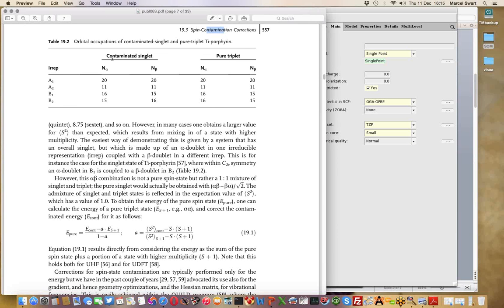And when you do the calculation, you get a contaminated singlet. So you have the A1, which is completely filled, like with restricted occupation. And then you have the B1, which has one extra alpha electron compared to the beta. And in the B2 irreducible representation, you have one beta electron.